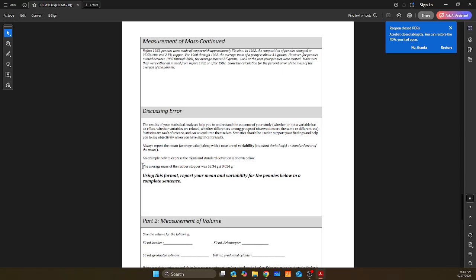The statement would be like this: the average mass of the pennies was, in our case, 2.101, plus or minus 0.004 grams, period. But it's going to be your mass, your average, your standard deviation, not the one I have up there. Anybody have any questions?